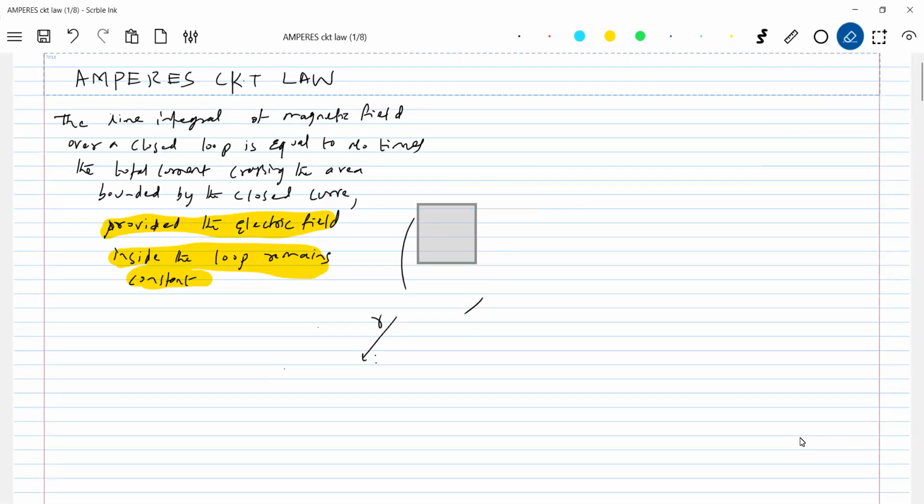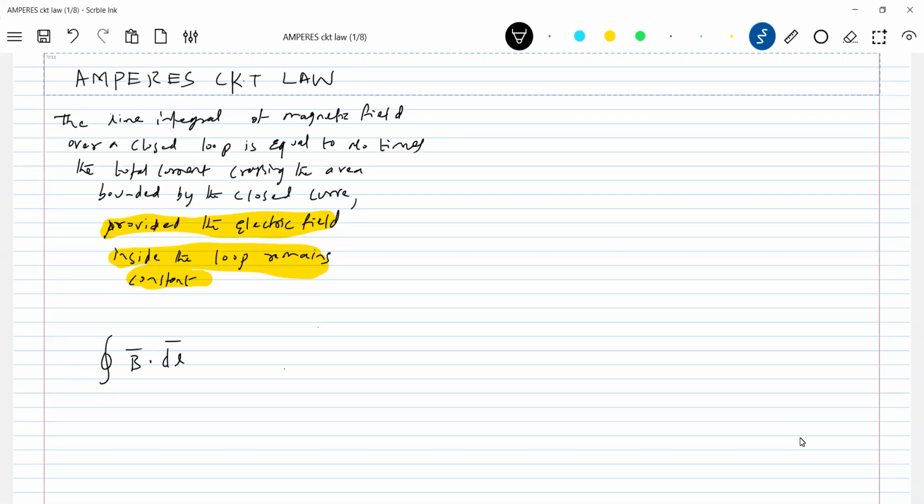Okay, this is the statement we have brought: the line integral of magnetic field over a closed loop is equal to mu naught times I. Like there we had E bar dot ds equal to q in by epsilon naught.